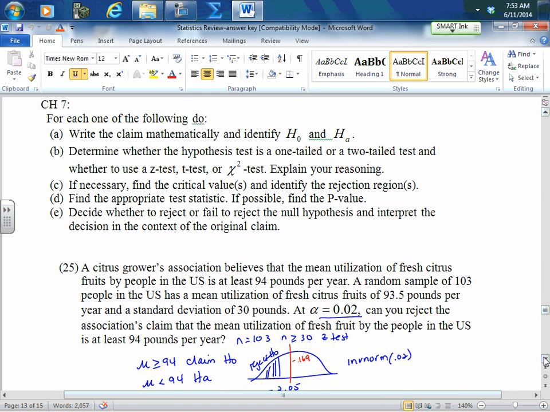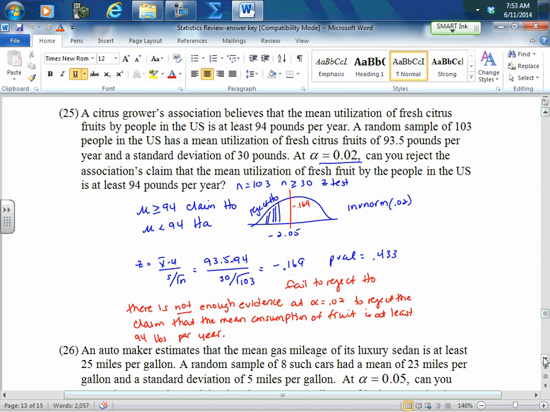So let's take a look at this one. A citrus grower believes that the mean, I got the mu, of the mean utilization of fresh citrus fruits by the people in the U.S. is at least, there it is right there, at least 94 pounds per year. Think money in your pocket. If you have at least $94, do you have more? Yep. So your mean is greater than or equal to 94.